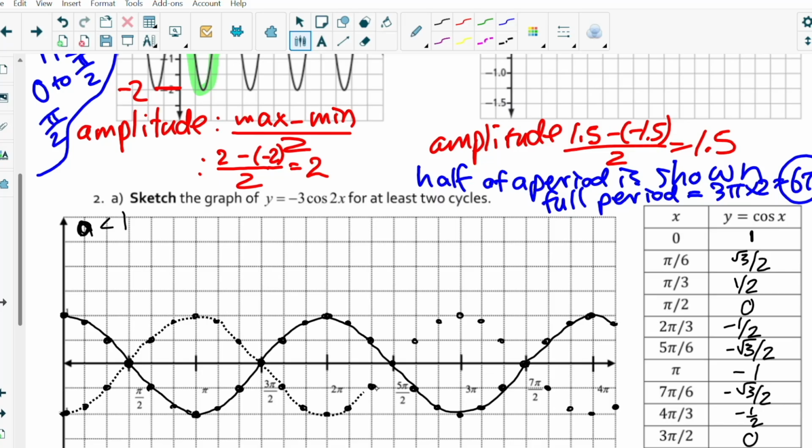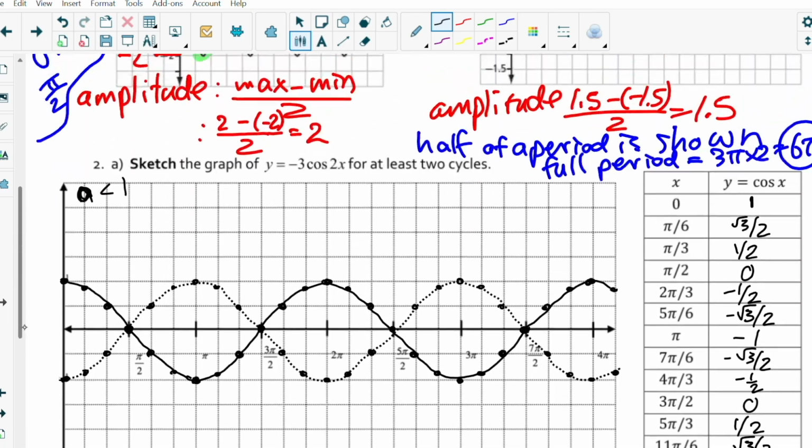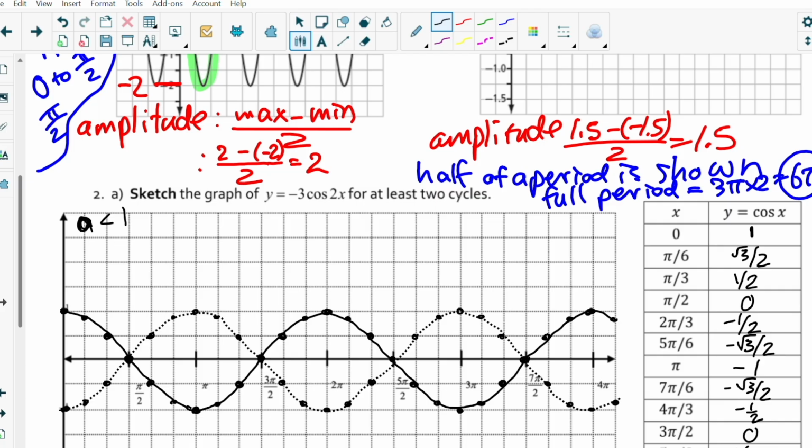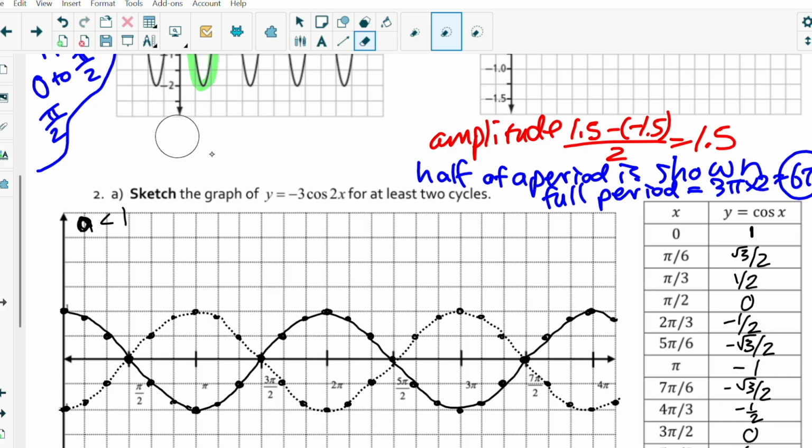Let me do my legend or key here. I'm just going to make some room up here, folks. Sorry about that, for my key.